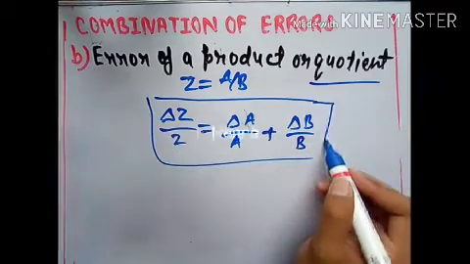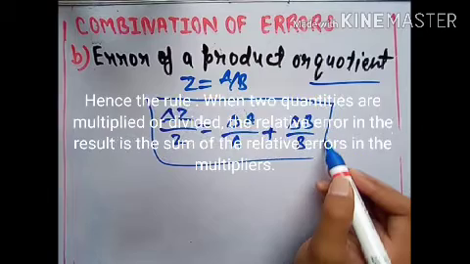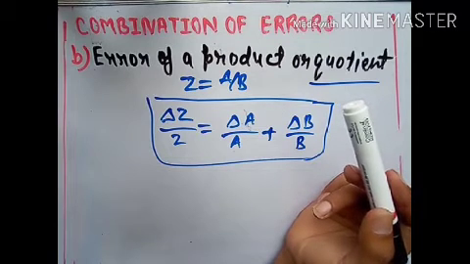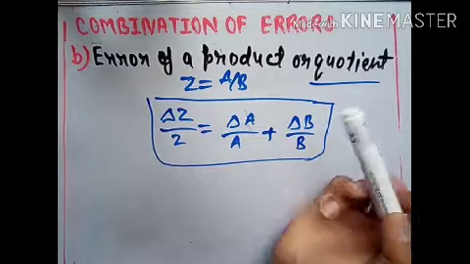Done. In this case I am taking a and b, and in some other case you can take some other quantity. Understand? So the b part has been done.